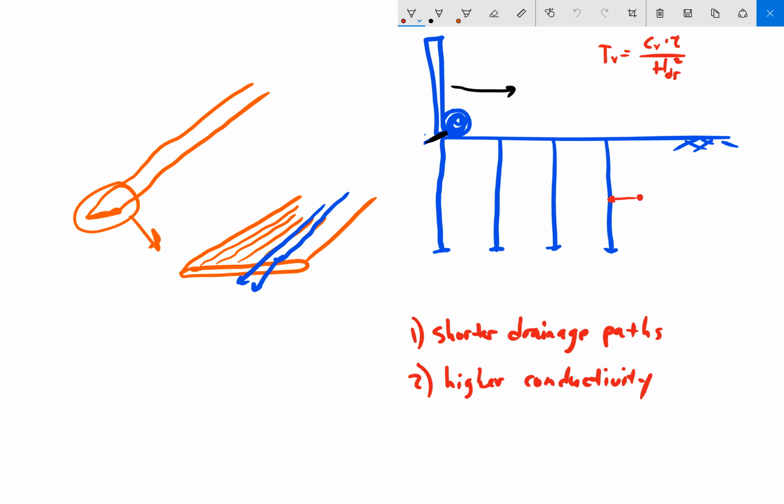Well, it's pretty cool. If I were to plot time on this axis and I were to plot, say, settlement on this axis.